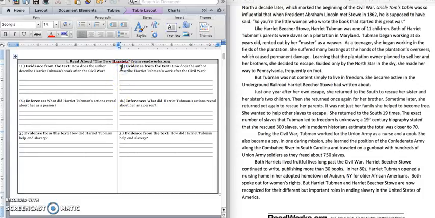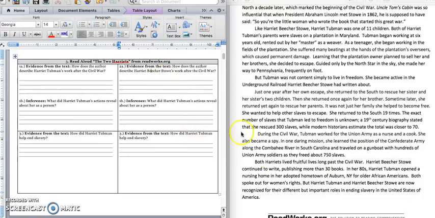That should say 2. It says, how does the author describe, and that should say Harriet Beecher Stowe's. How does the author describe Harriet Beecher Stowe's work after the Civil War?